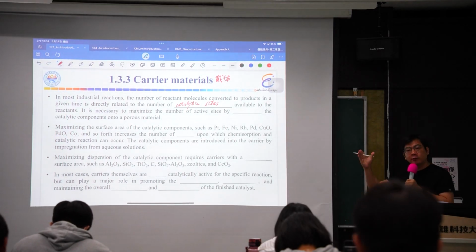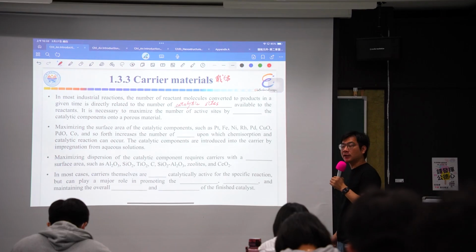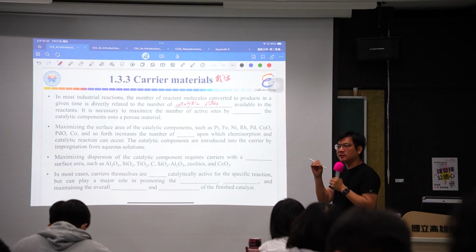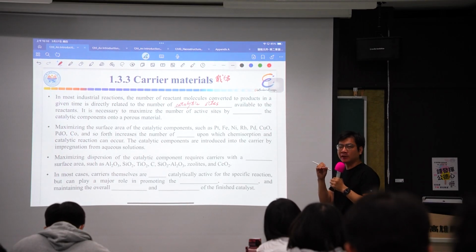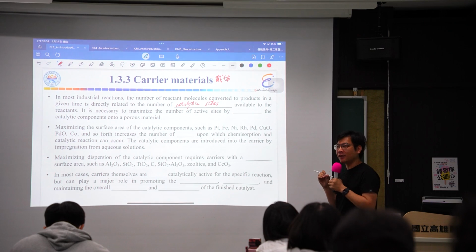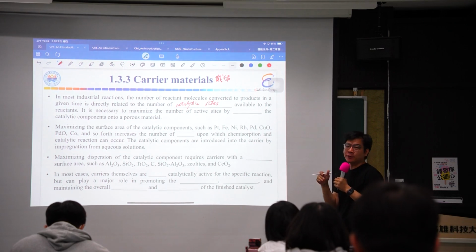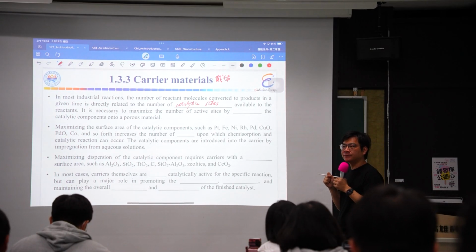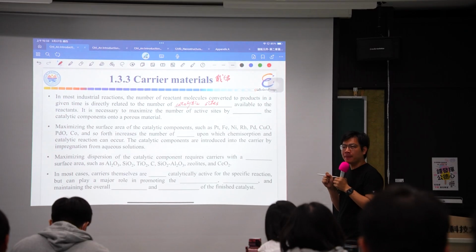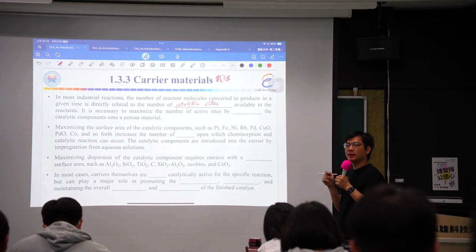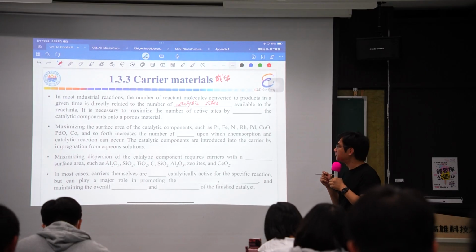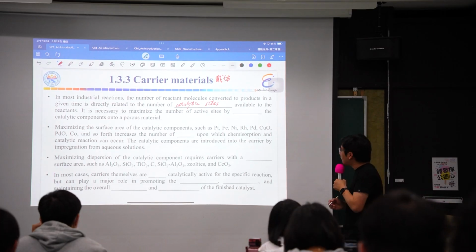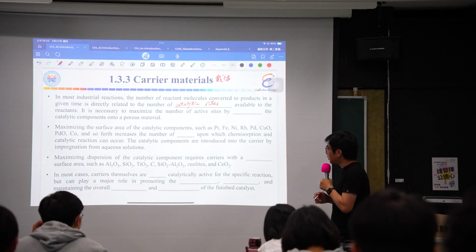The number of sites available to the reactant. Okay.